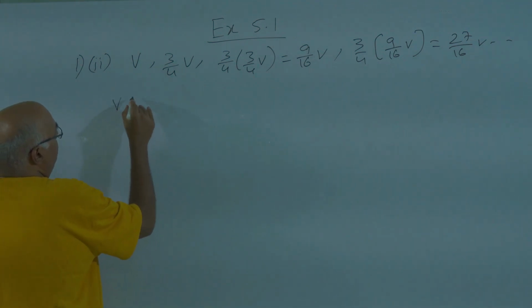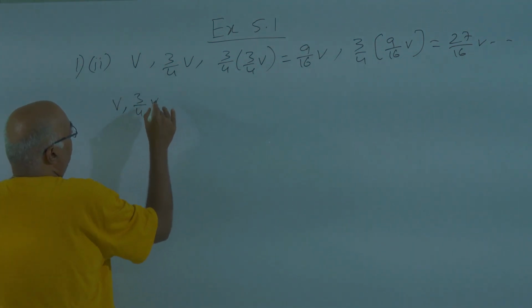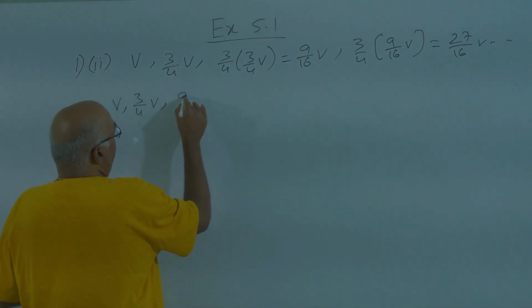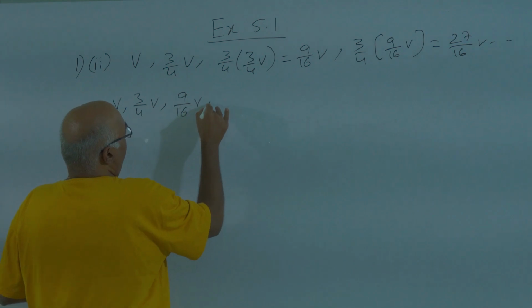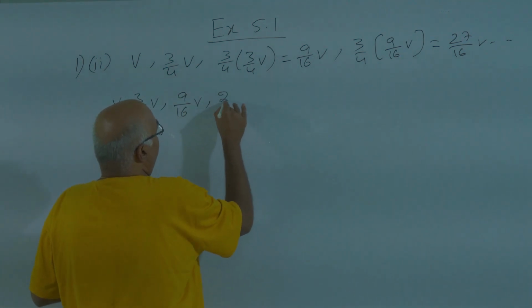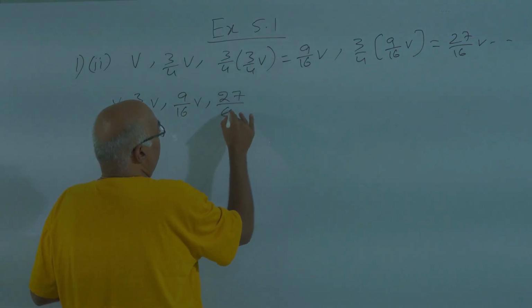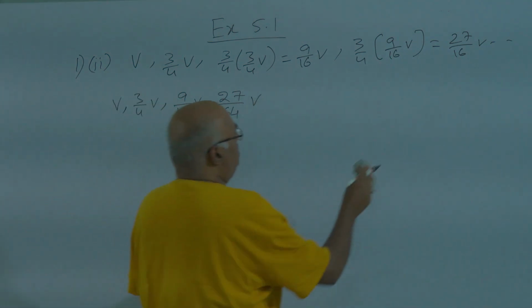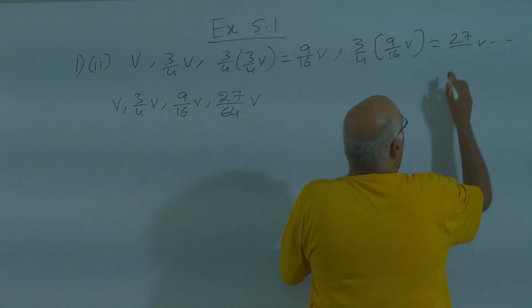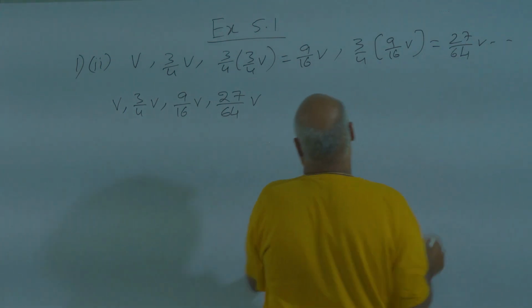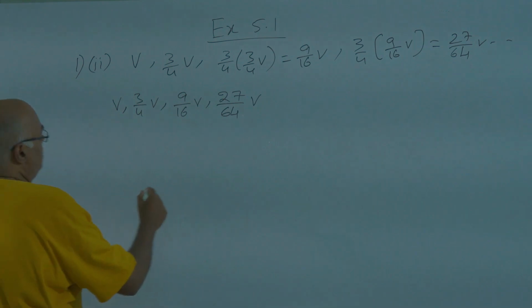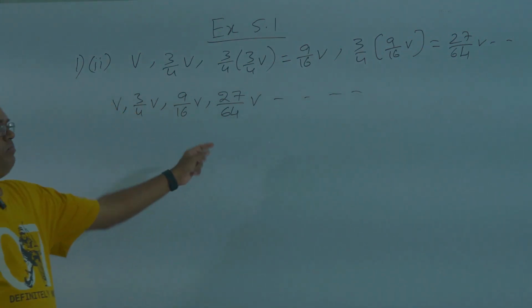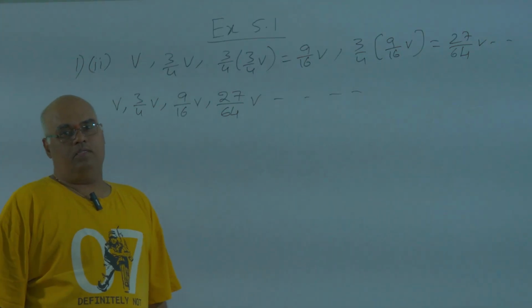First it is V, then 3/4 V, then after the removal of 1/4 of the volume, it becomes 9/16 V. Then it will become 27/64 V, and it goes on like this. So these are the volumes of the cylinder.